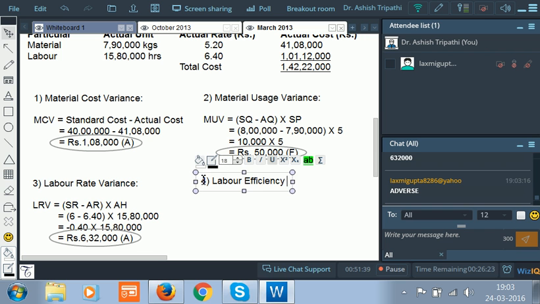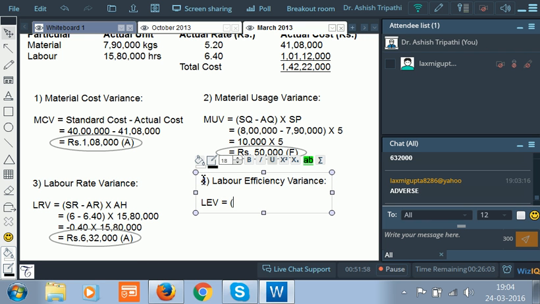Fourth, labor efficiency variance. So let us write the formula for labor efficiency variance.